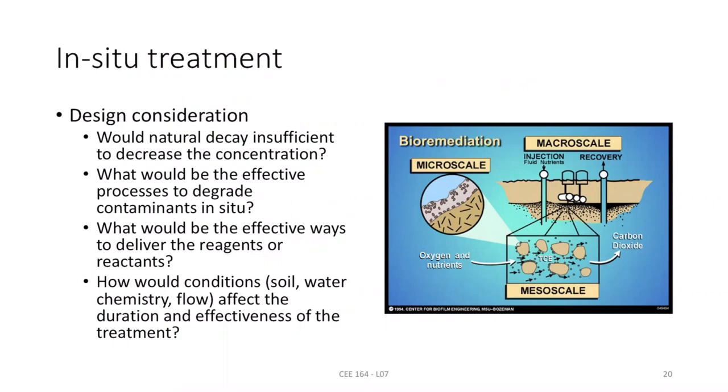In soil you have many other things which are harmless, but when they react with these reactive agents, they produce precursors which can be more toxic. It is also very expensive, and you are adding a lot of material, so it could have unintended consequences.